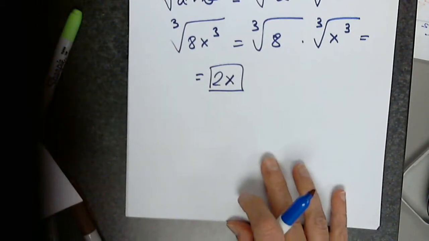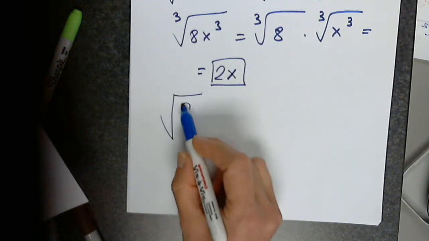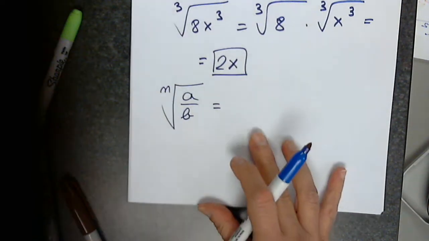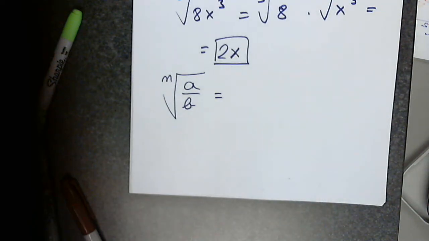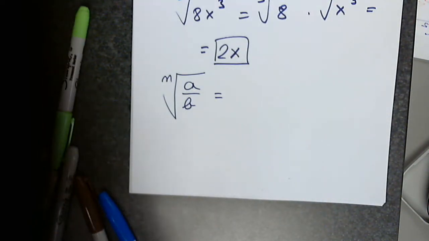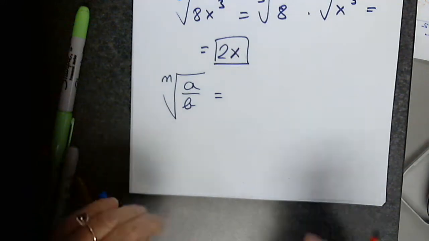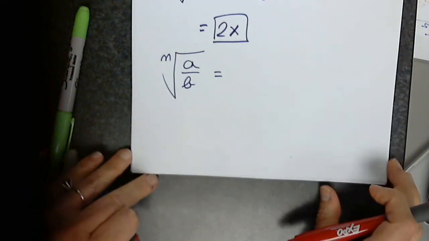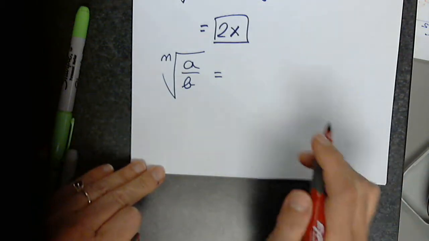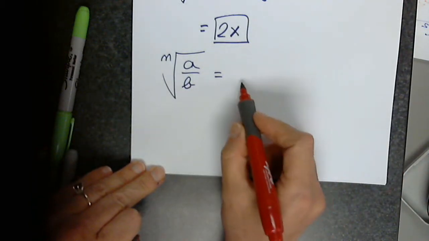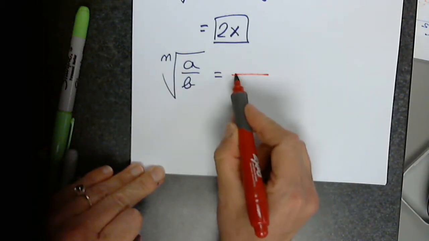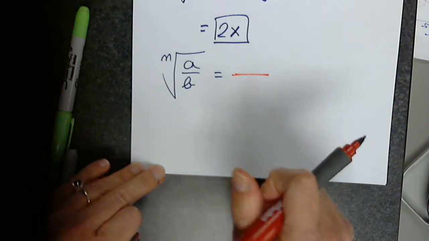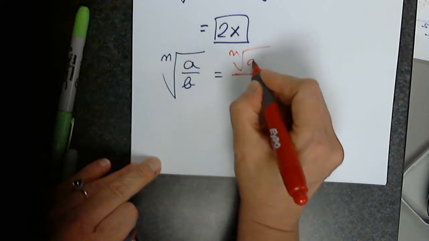Here's our next rule, which is the quotient rule. Can you come up with this rule? Just a wild guess. It's not going to be wild. I'm sure you know what you're going to say. The nth root of a ratio. So the radical of a ratio is the ratio of the radicals, of course.